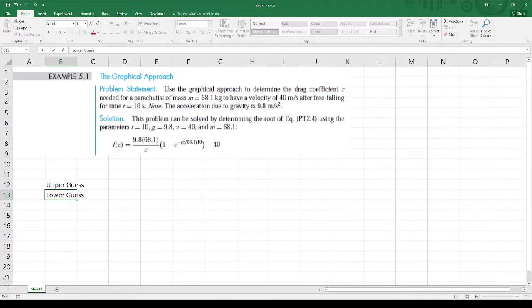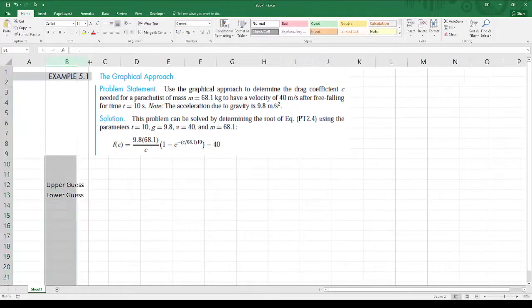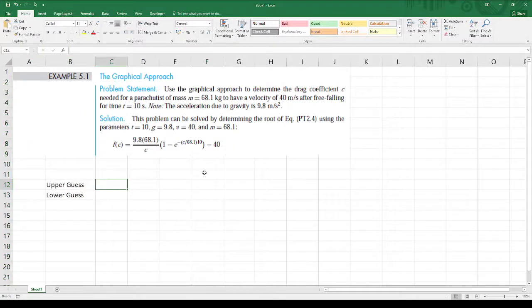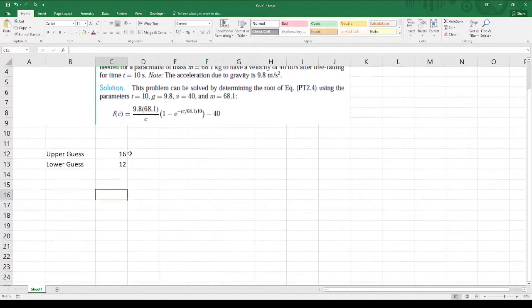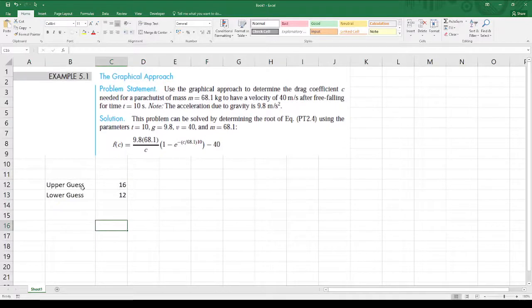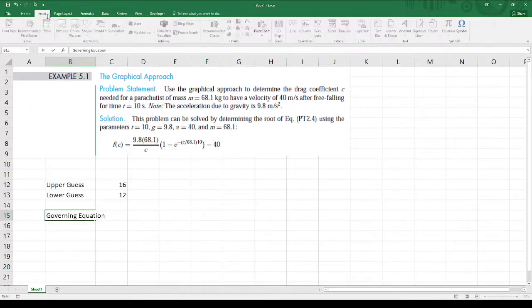Let's say your upper guess is 16 and your lower guess is 12. Then the given equation, let's say it is your governing equation in this situation. So let's insert that equation.